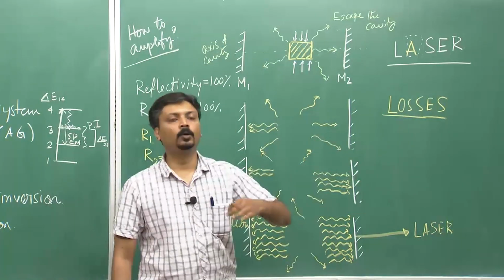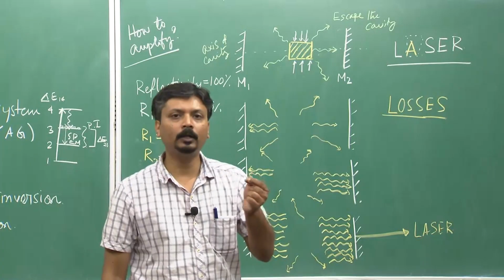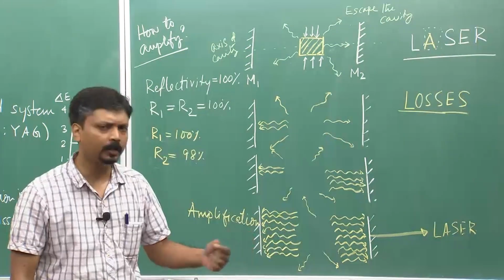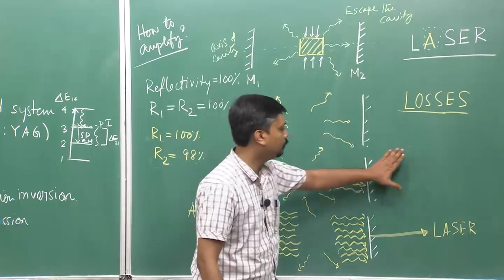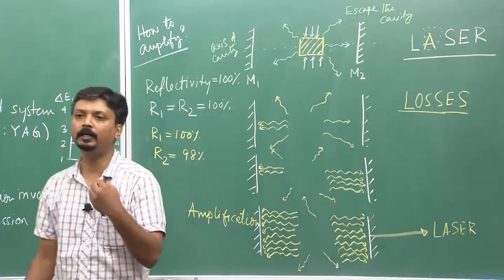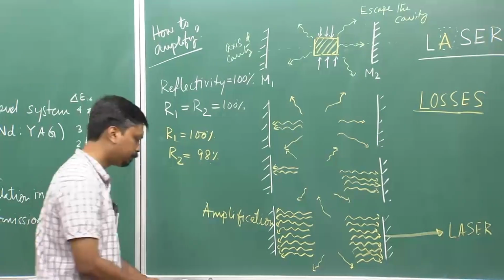There will be certain conditions which will be called threshold conditions. We will talk about that maybe in the following class. So, we will know how quantitatively we can figure out how we can reach the threshold condition and then go beyond and get laser output.